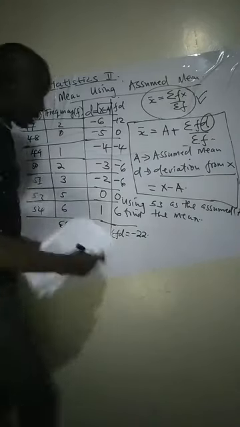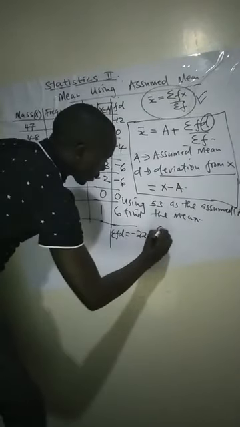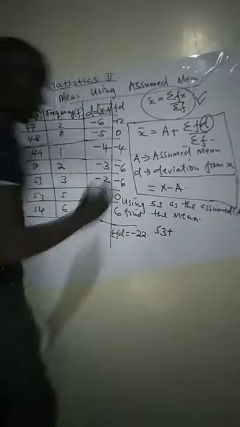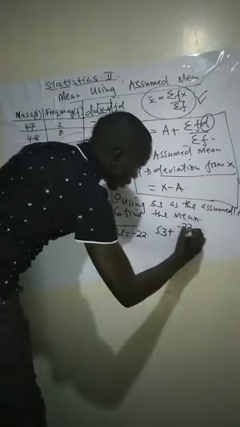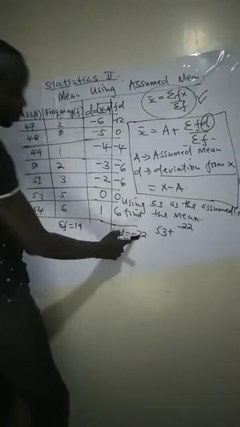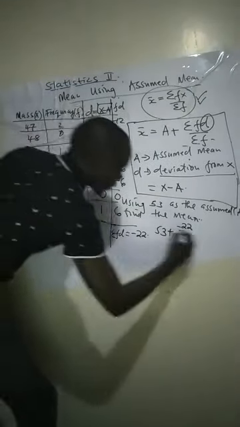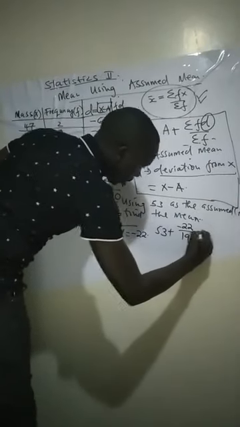Then the summation of the frequency, summation of F, we have 2 plus 0, that is 2, 3, 5, 8, 13, 19. And in that case, therefore, your answer should be A, which is 53, plus negative 22, the summation of FD over the summation of F, which is 19. Then that should give you the answer.